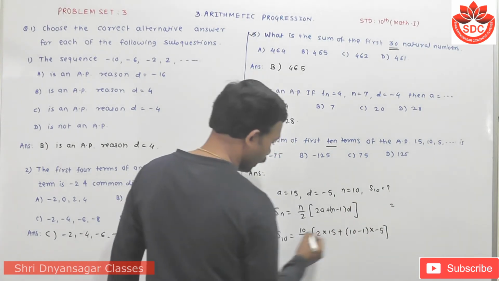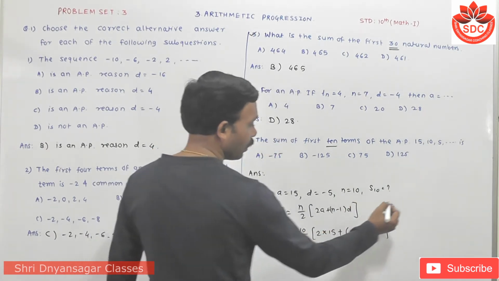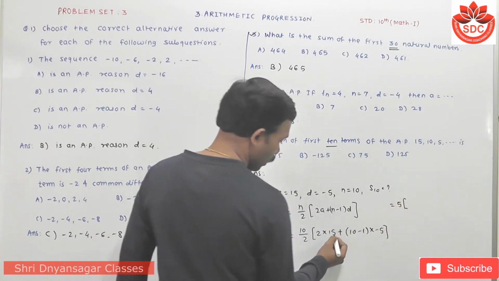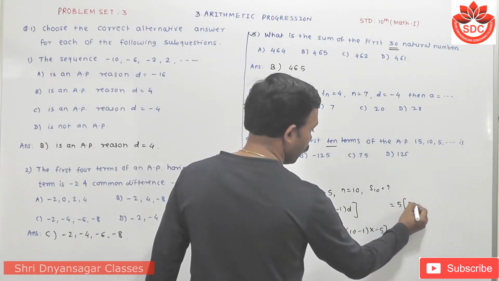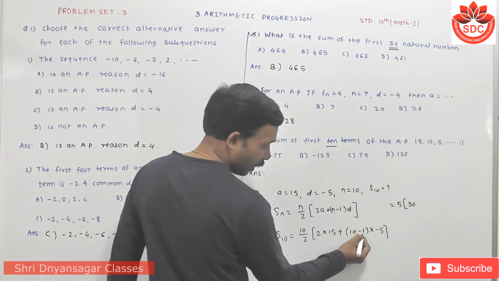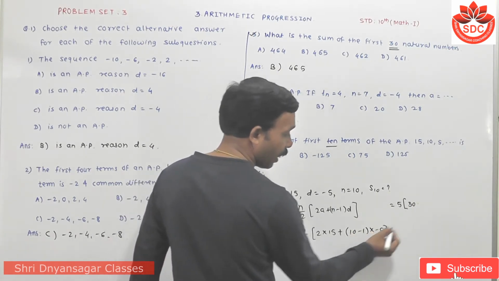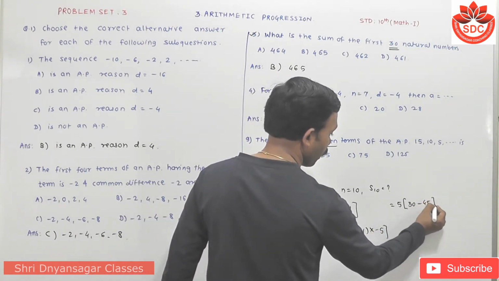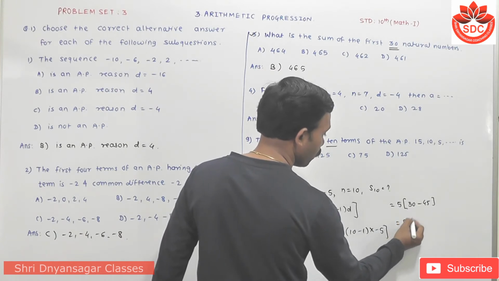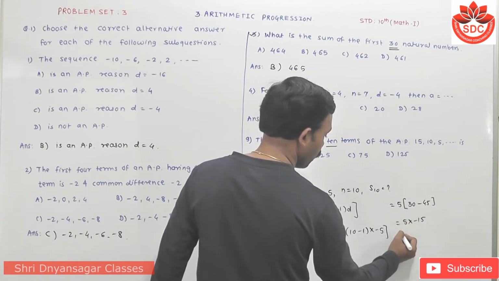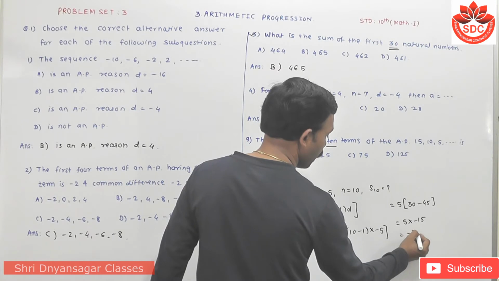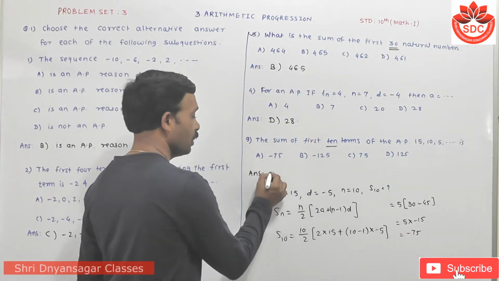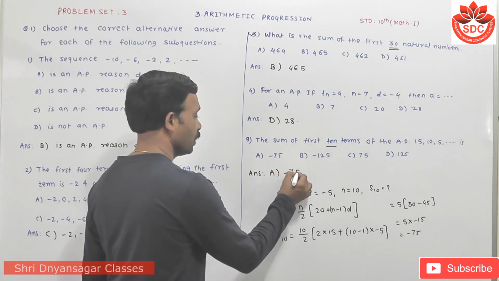Students, when we do the subtraction and division here, 2 fives are 10, 2 fifteens are 30. Look here, 9 into minus 5 is minus 45. Then 5 into this is minus 15. Minus 15 fives are minus 75. The answer is A, minus 75.